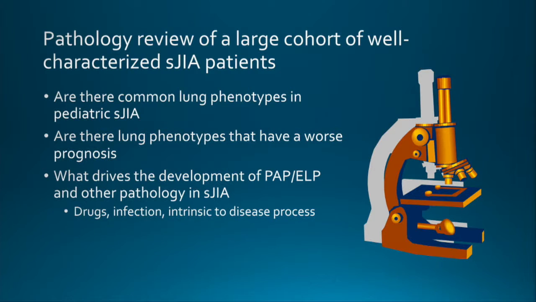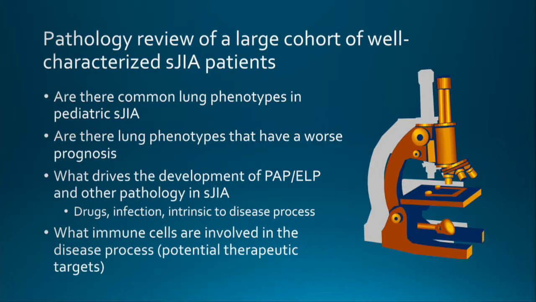And as has been inferred, it's thought to be drug-related, but I think there's probably going to be multiple factors involved that are going to be hard to tease out. Next slide. And then, of course, getting at what the immune cells are involved in the disease process because, obviously, thinking about this in the setting of this conference, potential therapeutic targets.